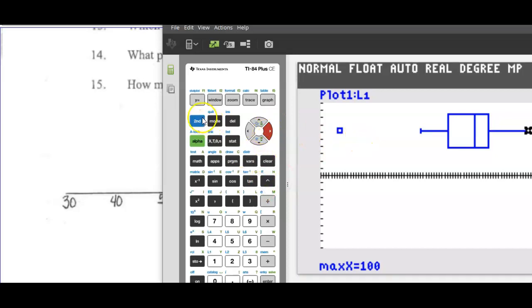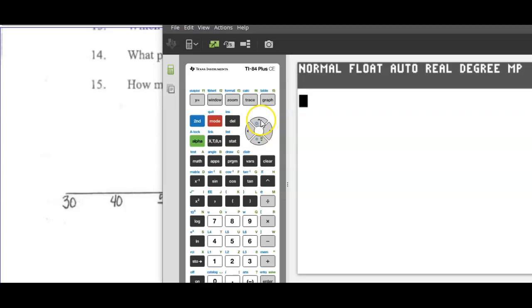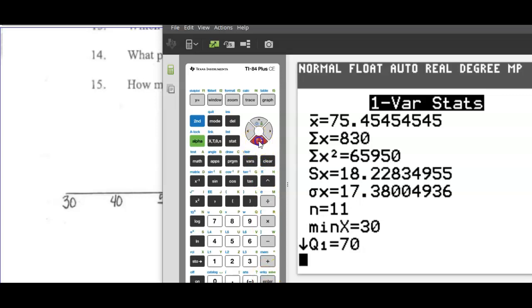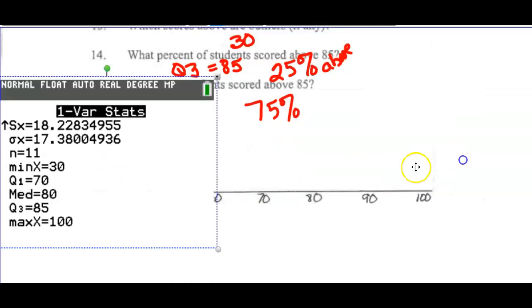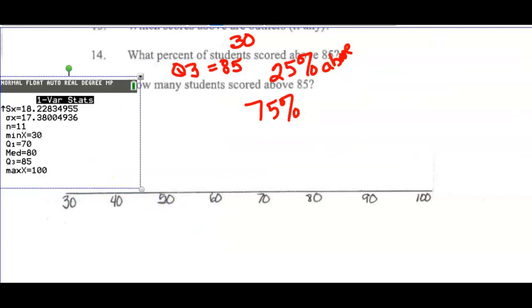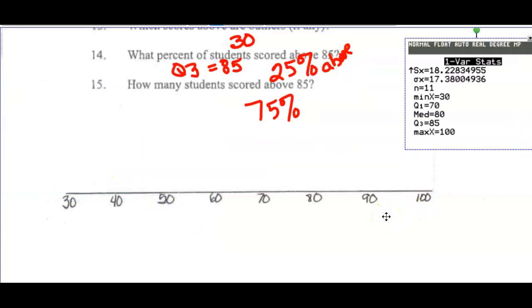So what I really want is this screen. So what you're going to draw on your box and whisker plot is you're going to put the median on, and then Q1 and Q3.